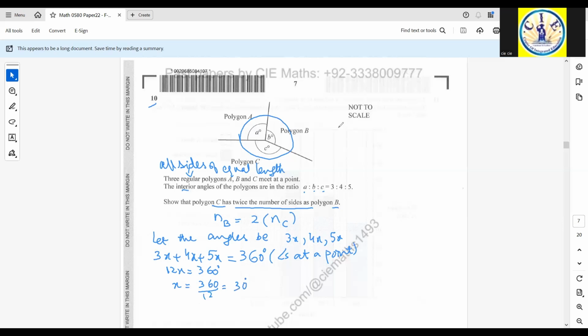So I say that A is 3x, that is 3 times 30, that is 90 degrees. B is 4x, that is 4 times 30, 120 degrees. And C is 5x, 5 times 30, 150 degrees.